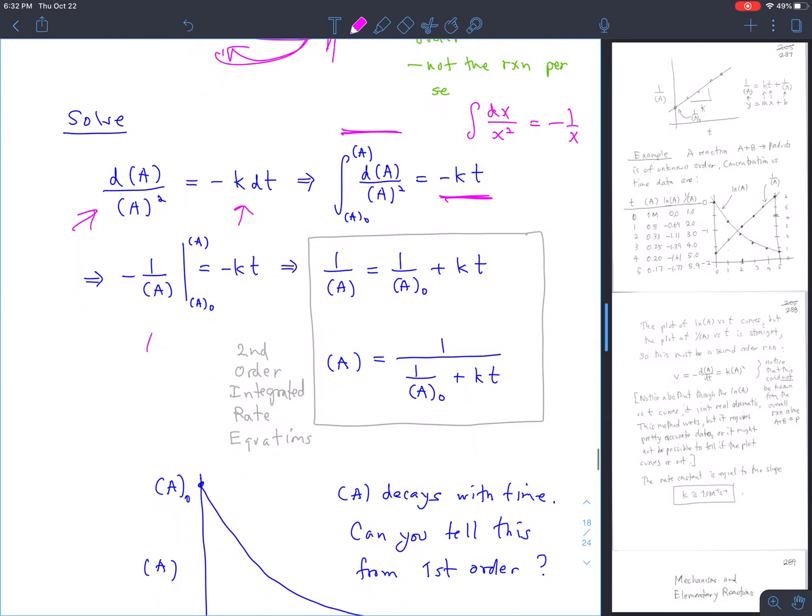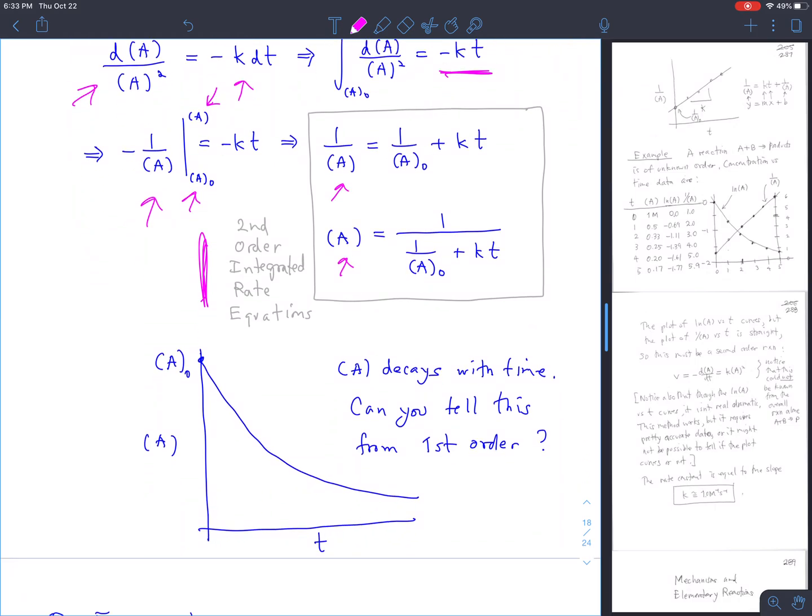So we're getting minus 1 over A evaluated between A0 and the final A. And that gives us these two forms for the second order integrated rate equations: 1 over A equals 1 over A0 plus kt, or A is equal to 1 over (1 over A0 plus kt).